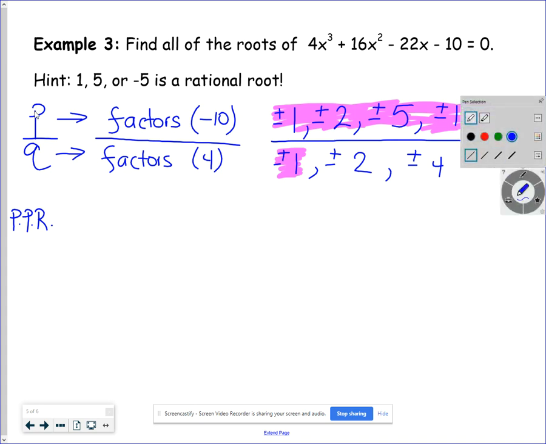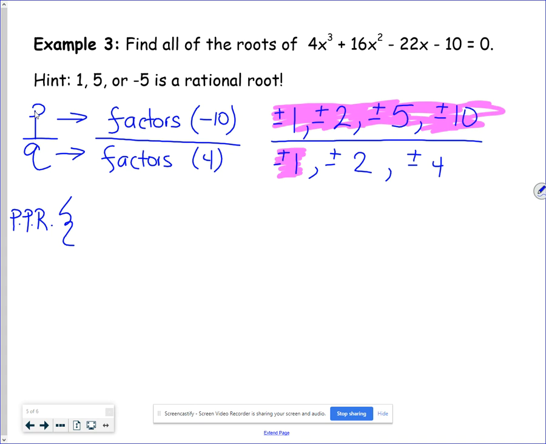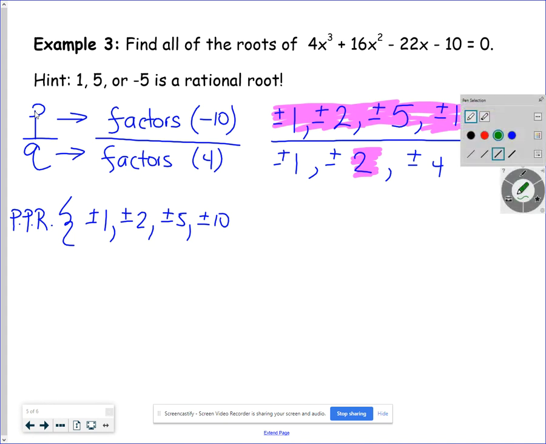If we take 1, 2, 5, and 10 and put them all over 1, we're just going to get the same numbers back. So 1 over 1 is 1, 2 over 1 is 2, 5 over 1 is 5, 10 over 1 is 10. So now we're going to take those same numbers and put them over 2 and see if we get any new ones.